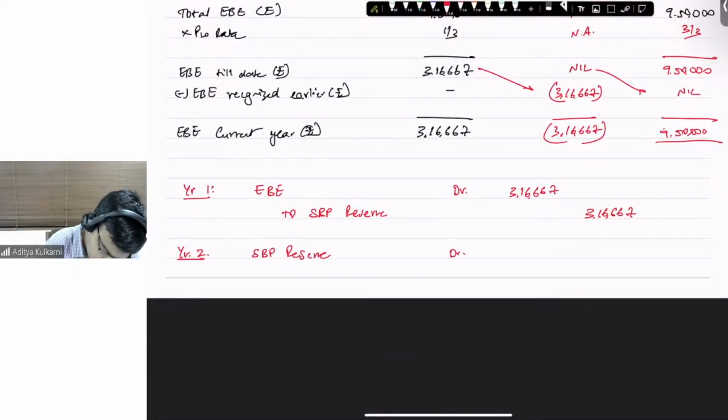So SBP reserve debit to EBE 3,16,667. Ultimately, this flows to the P&L.